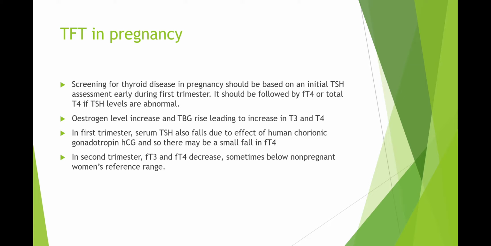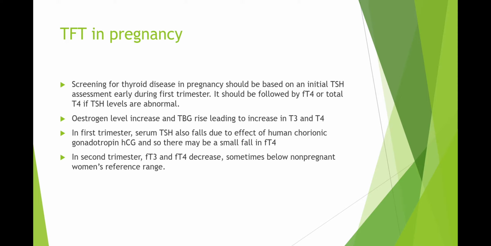Thyroid function test in pregnancy. The screening for thyroid disease in pregnancy should be based on an initial TSH assessment early during the first trimester. It should be followed by free T4 or total T4 if the TSH levels are abnormal. The estrogen level increases and TBG rises, leading to an increase in T3 and T4.